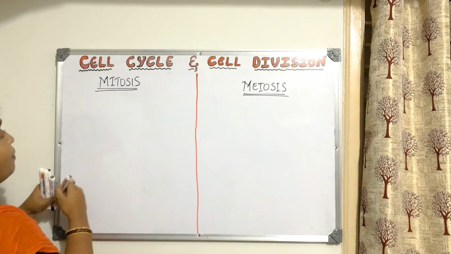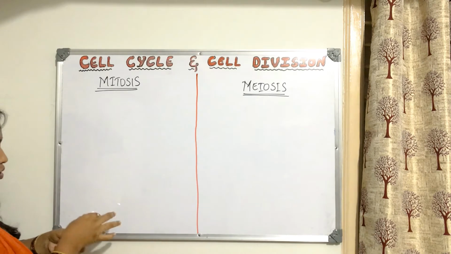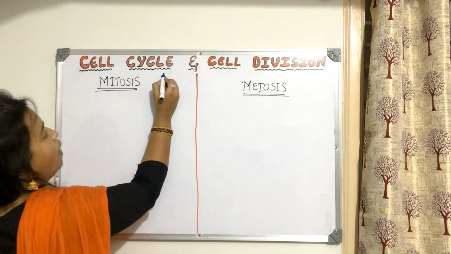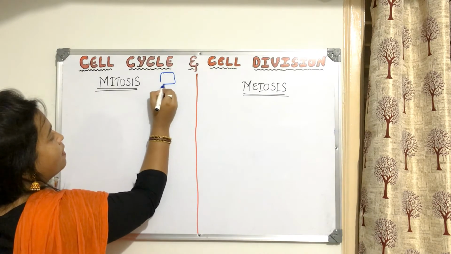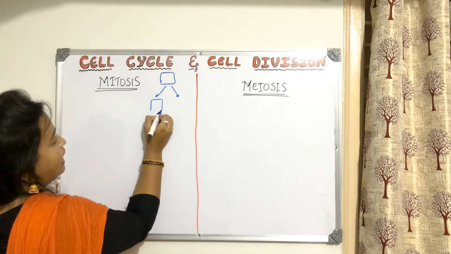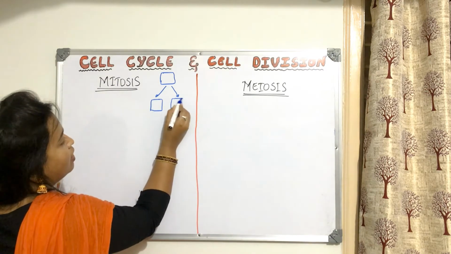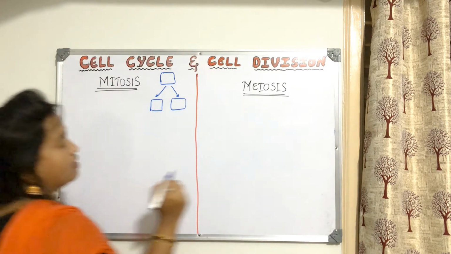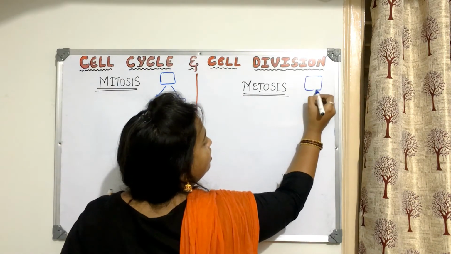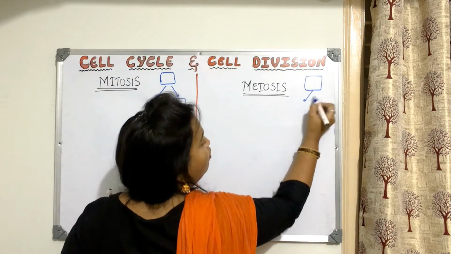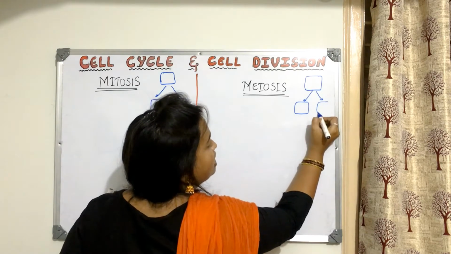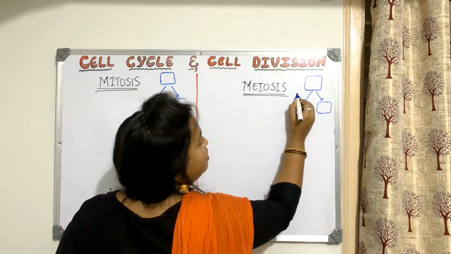Anyway, what you need to understand properly in mitosis is that one parent cell will divide and form two cells, correct? What in case of meiosis? One parent cell divides into two in the first meiotic division.